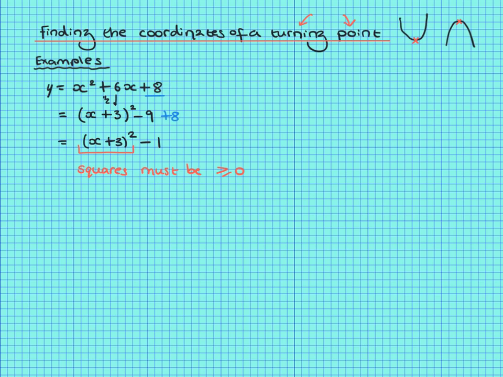You can't square a number and get a negative value, certainly not at this part of your understanding of mathematics. So squares must be greater than or equal to 0. Think about square numbers. 0 squared is 0, 1 squared is 1, etc. You go up through the positive numbers. So squares must be greater than or equal to 0. So the minimum value of x plus 3 all squared is 0.